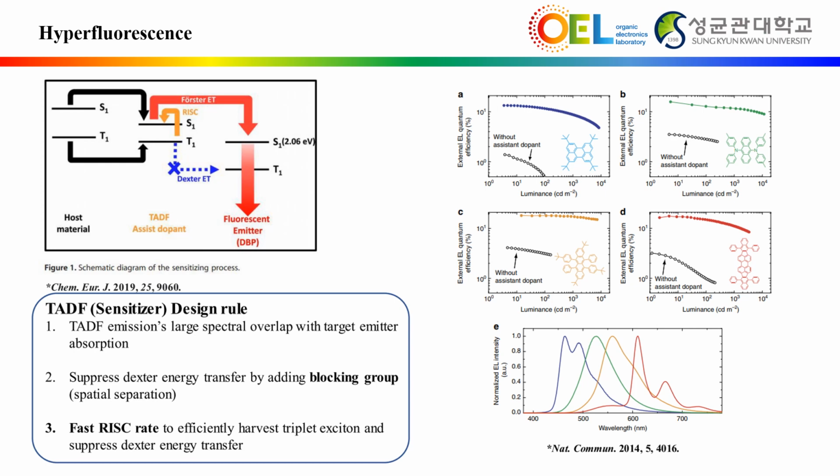Therefore, hyperfluorescence forms 100% singlet excitons through RISC in TADF by doping the host, TADF and final emitter in the EML, and transfers energy to the final emitter through faster energy transfer. Therefore, it is possible to realize 100% internal quantum efficiency and high color purity through the final emitter at the same time through hyperfluorescence.